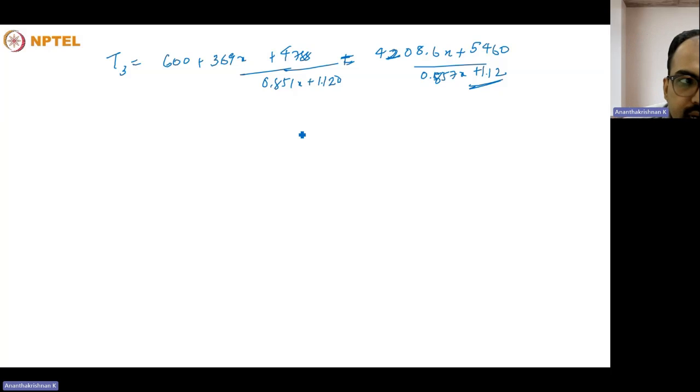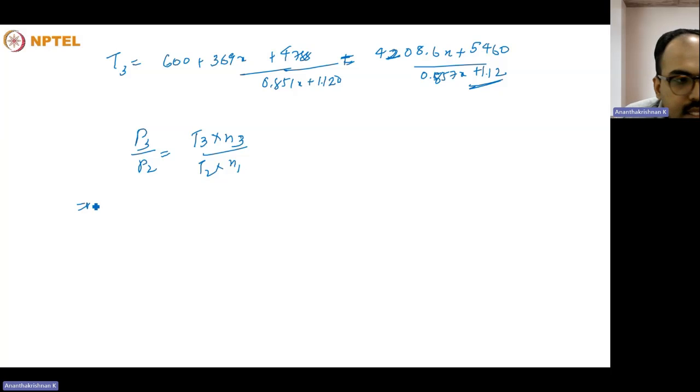It's a constant volume heat addition process, so PV equals nRT can be written, and since volume remains the same, we can cancel it. P3 by P2 is equal to T3 into N3 divided by T2 into N1.